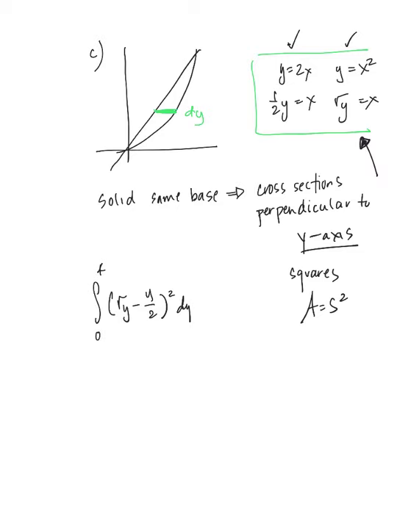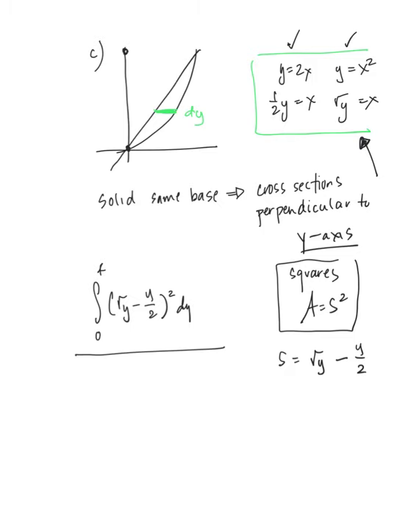And then we know that they're squares, that was given, and so we need to figure out what our s is. And so our side is going to be the far right curve, which is square root of y, minus the leftmost curve, which is y over 2, or our line. And so it's right, but do not evaluate. And again, our limits of integration are from 0 to 4 along the y-axis.